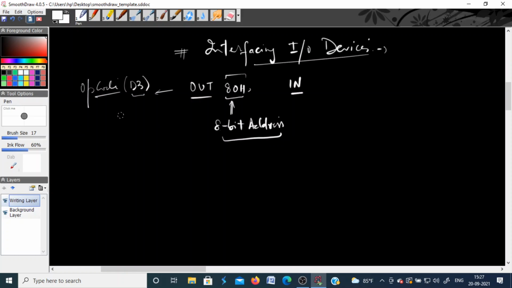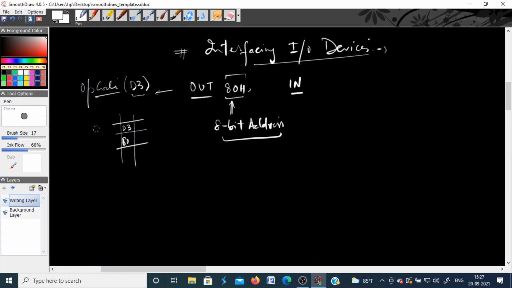When you store this instruction in the memory, you need two bytes: one byte for the opcode, and the second byte for the operand, which is the 8-bit address in this case. At one memory location, we first store D3, the operation code, followed by the 8-bit address of the port of that device, suppose 80h.